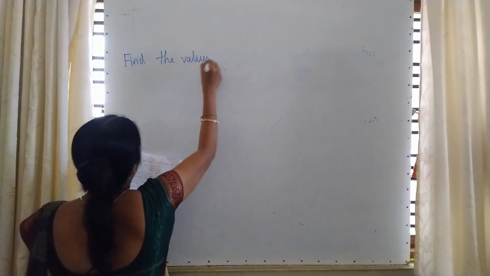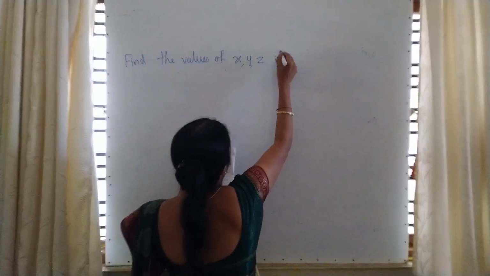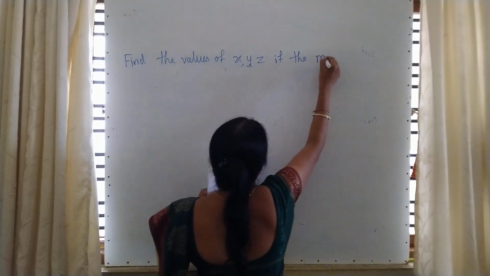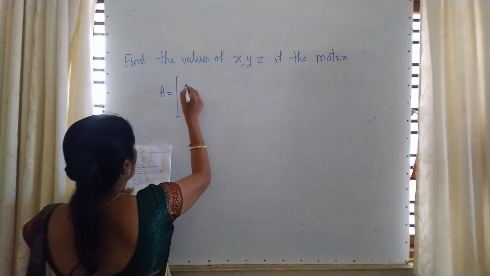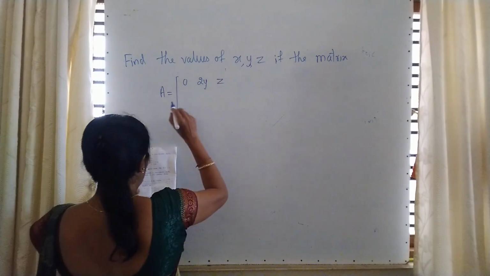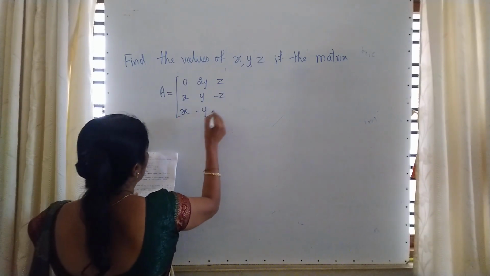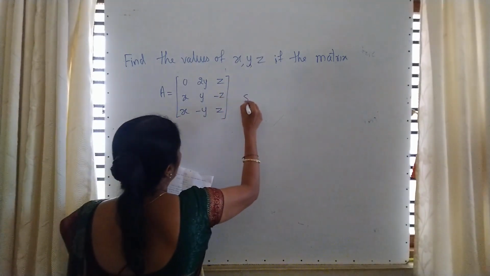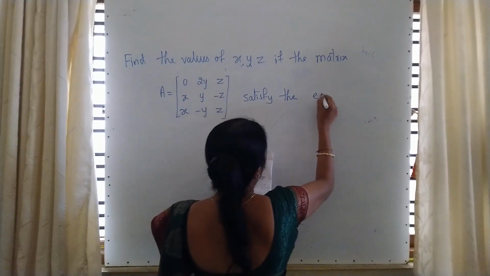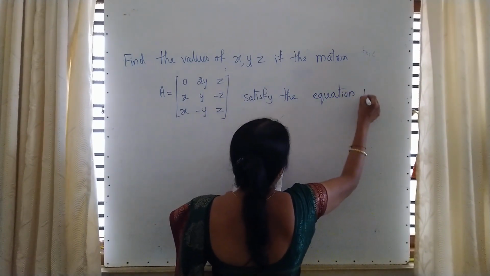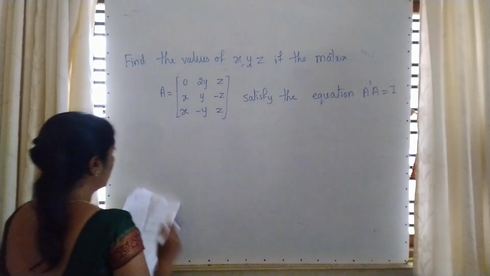Find the values of x, y, z if the matrix A is equal to [0, 2y, z; x, y, minus z; x, minus y, z] satisfies the equation A transpose into A is equal to I. So what is given?